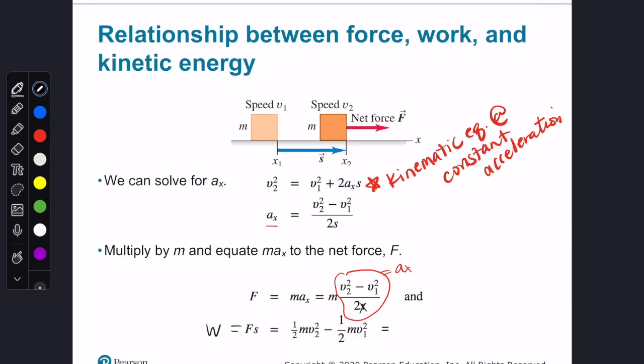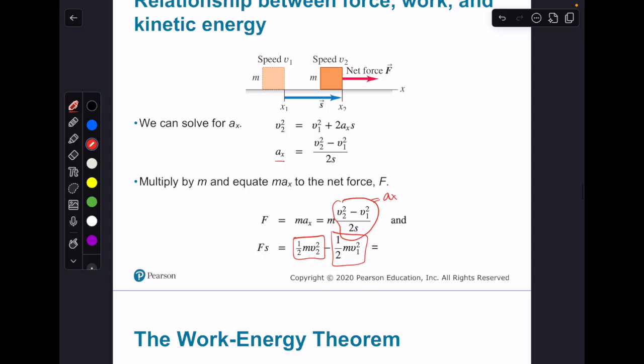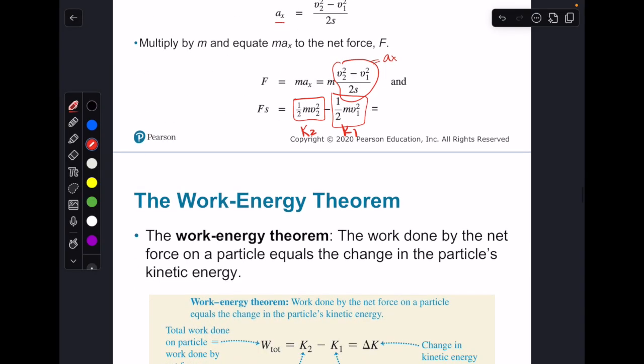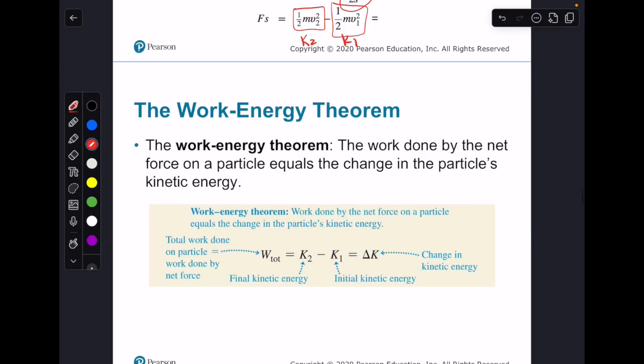Then we can clean up, distributing the m to each term. When you do that, you get a 1/2 mv squared here, and a 1/2 mv squared here. In other words, kinetic energy at velocity 2 minus kinetic energy at velocity 1. That's the change in kinetic energy. So the total work done, Fs, is also equal to the change in kinetic energy.